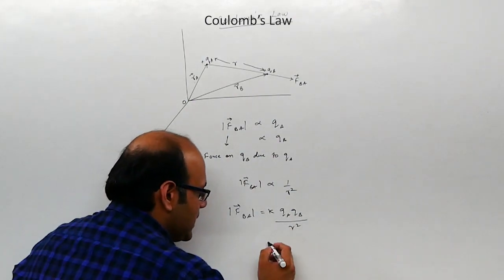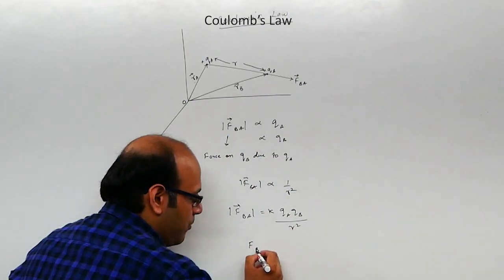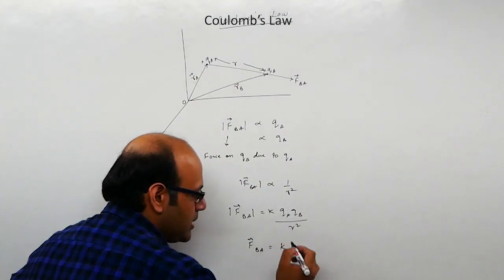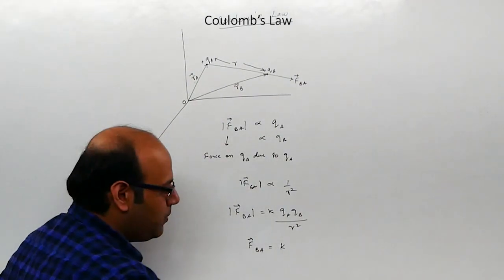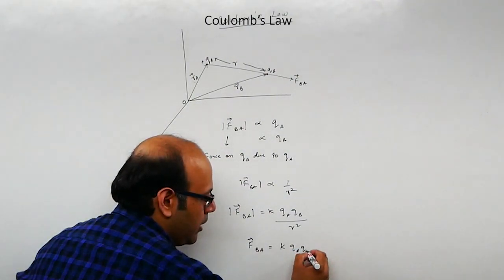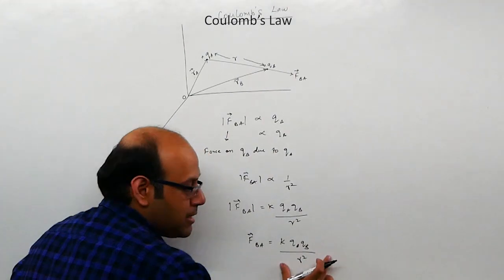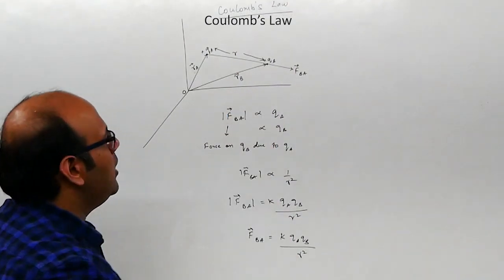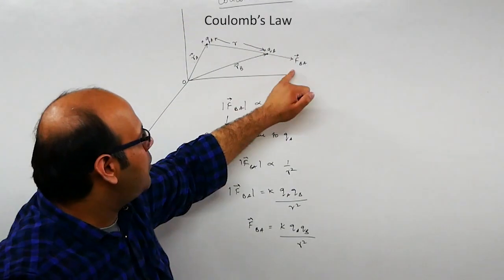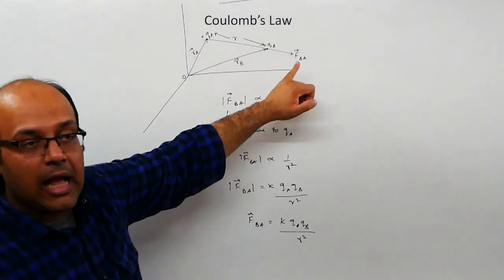So if I write this in vector form, the force on B because of A is going to be some constant, I'll talk about the constant also, times QA QB upon r square. That's the magnitude, and the direction is A to B. This is the direction in which the force on B will be acting.